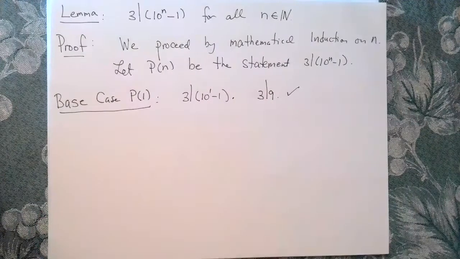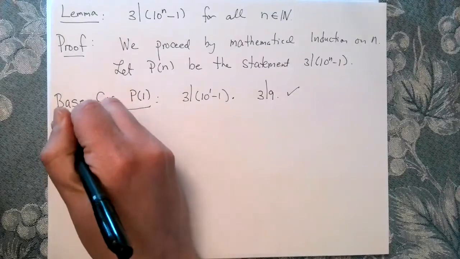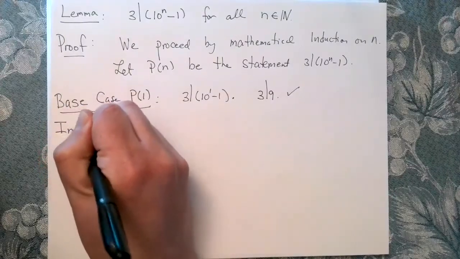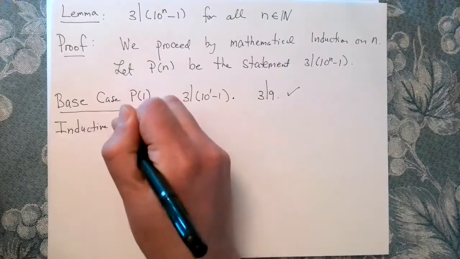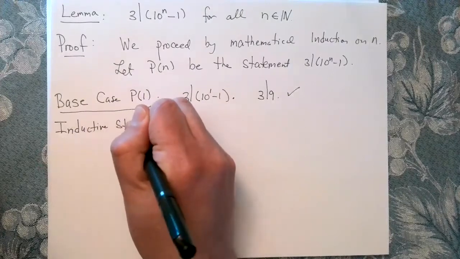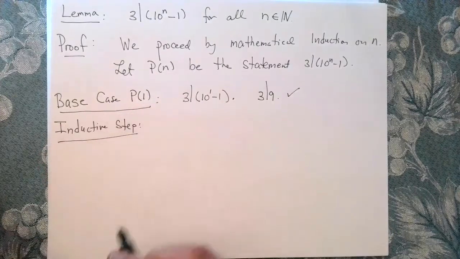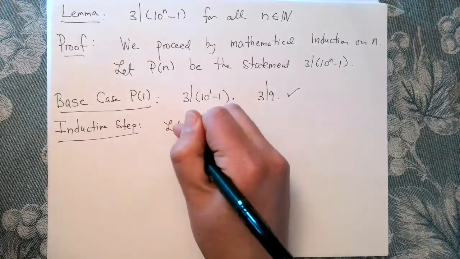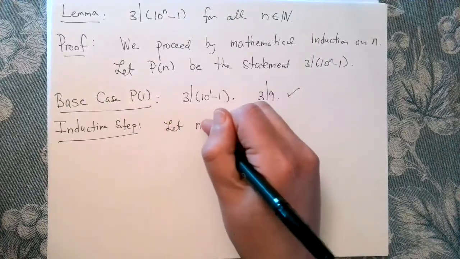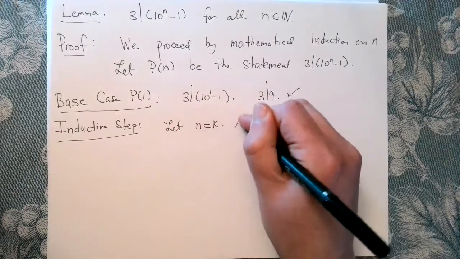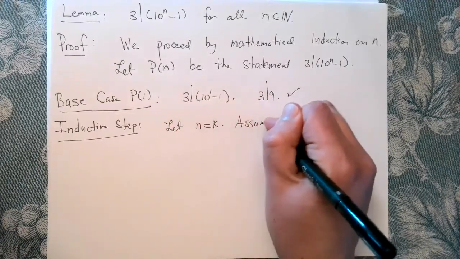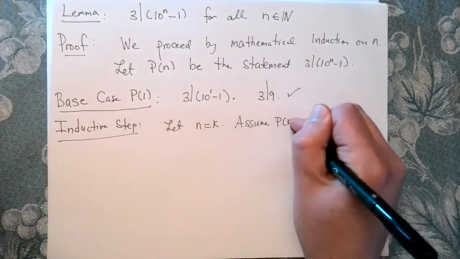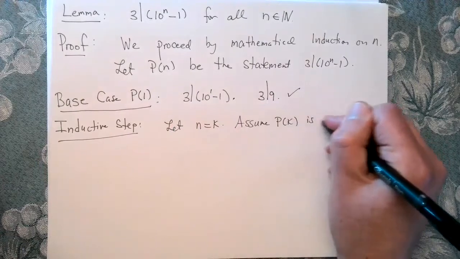Now we want to move on to the inductive step. I'm going to say let's fix some k, so let n equal k. We want to assume that P of k is true.